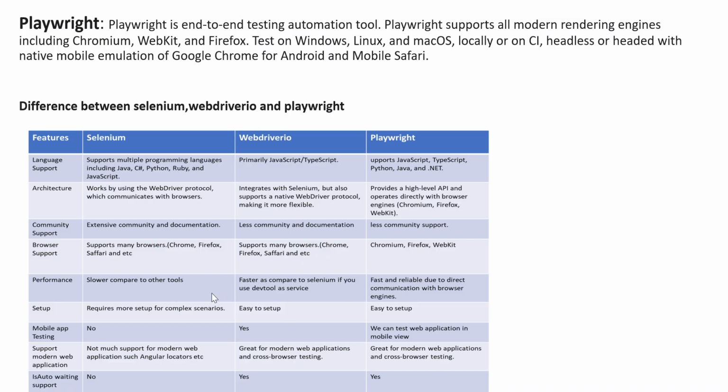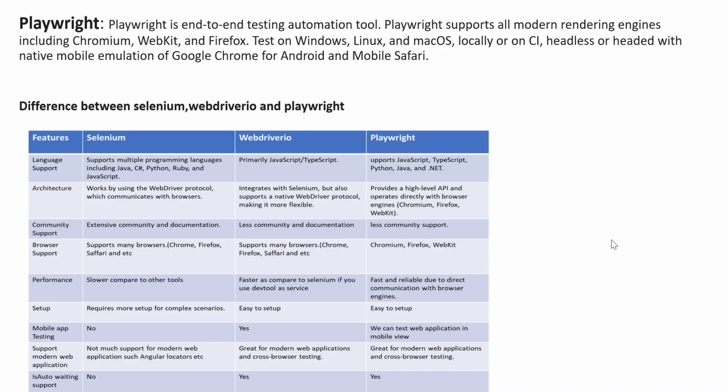Performance-wise, Selenium is slower compared to the other tools, nothing but WebDriver and Playwright. WebDriver is faster as we can use DevTools connections to connect to your browsers. When you use a DevTools connection, it becomes a little bit faster, but not much faster. Playwright is faster compared to both WebDriver and Selenium because it connects directly to the engines of modern browsers.